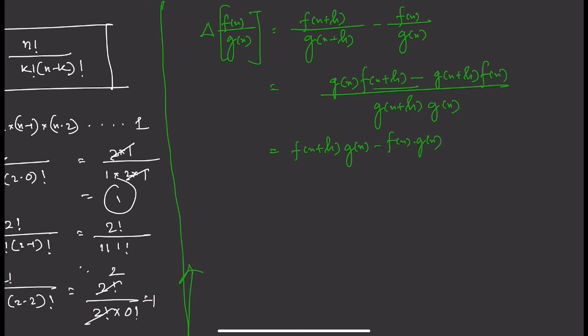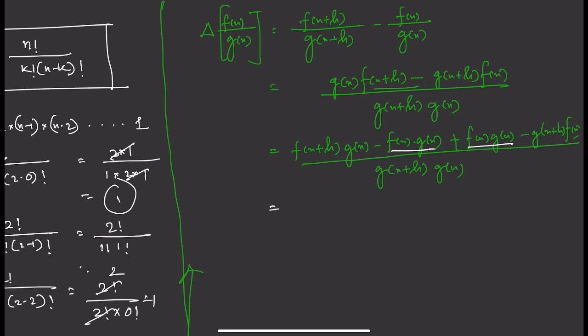I am going to introduce f of x into g of x minus g of x plus h into f of x, divided by g of x plus h into g of x. Here I have added and subtracted, so there is no change of any value.